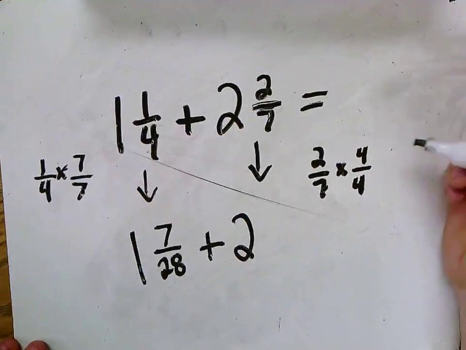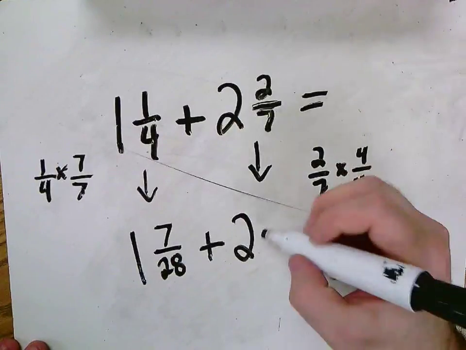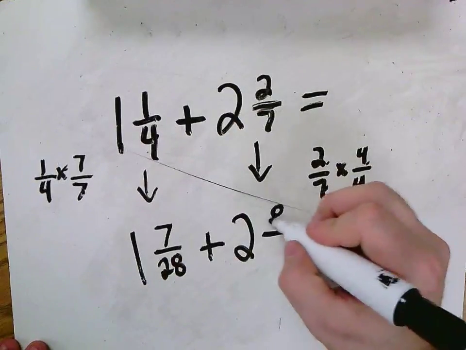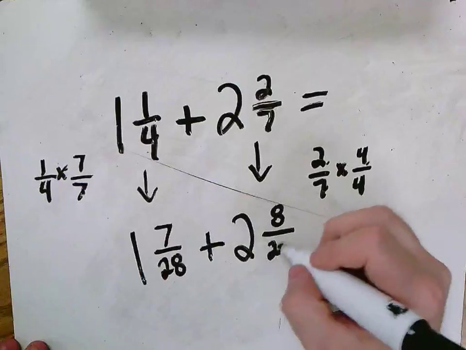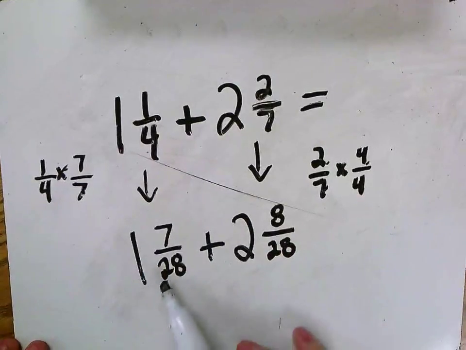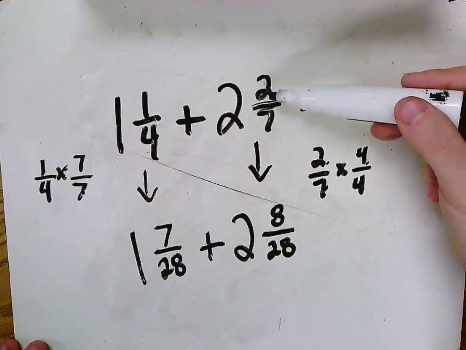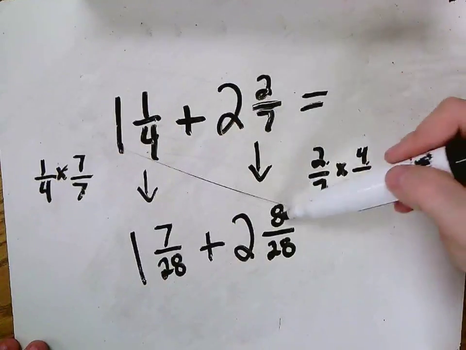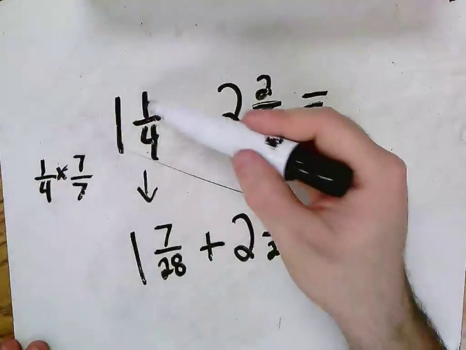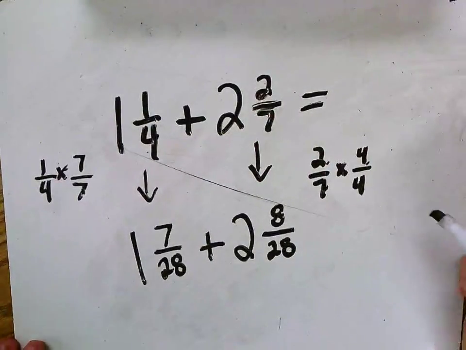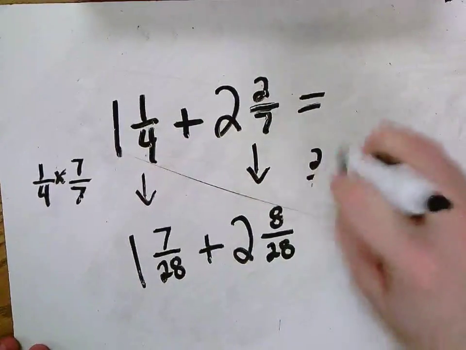Fractional form of 1, 4 over 4. And 2 times 4 is an 8. 7 times 4 is a 28. And again, I'm happy because I've got 28 on the bottom, 28 on the bottom. And a very important thing to double check, the numerators have changed. If you just bring the 1 down, you are changing the entire fraction. All right, let me erase that so it's not in the way.